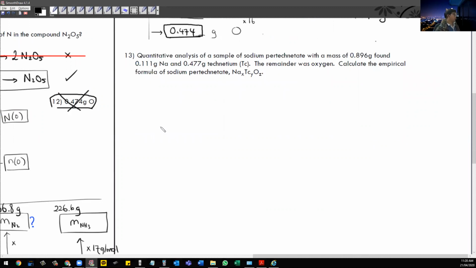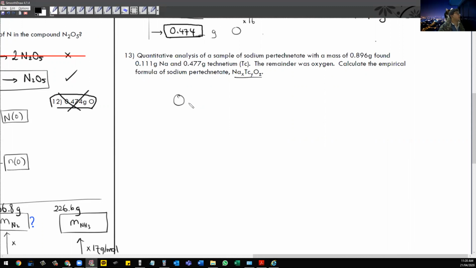All right, so we've got question 13 here. Quantitative analysis of a sample of sodium pertechnetate with a mass of 0.896 gram found that, so that's the formula. We don't know what X is, we don't know what Y is, we don't know what Z is.